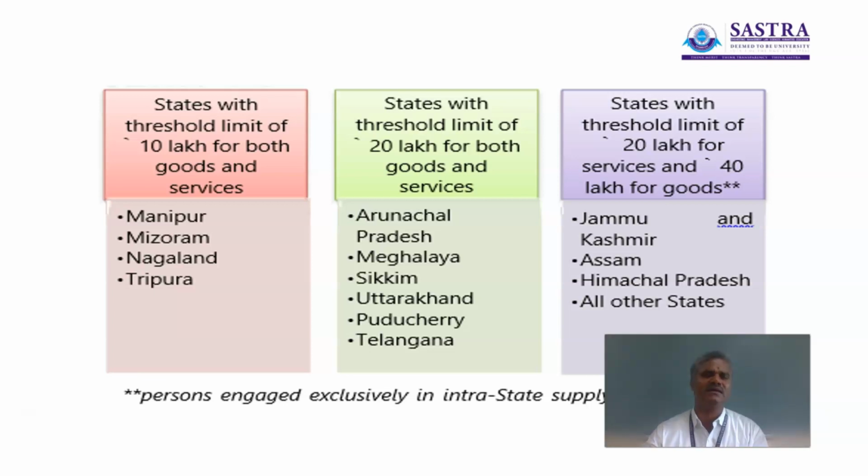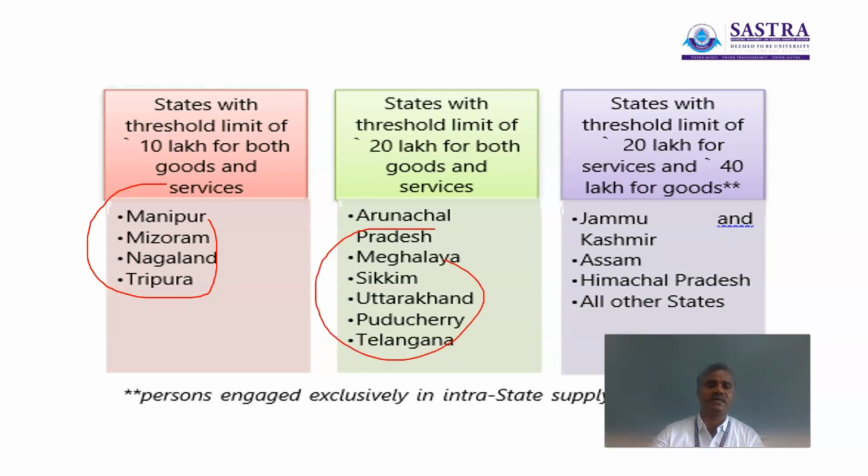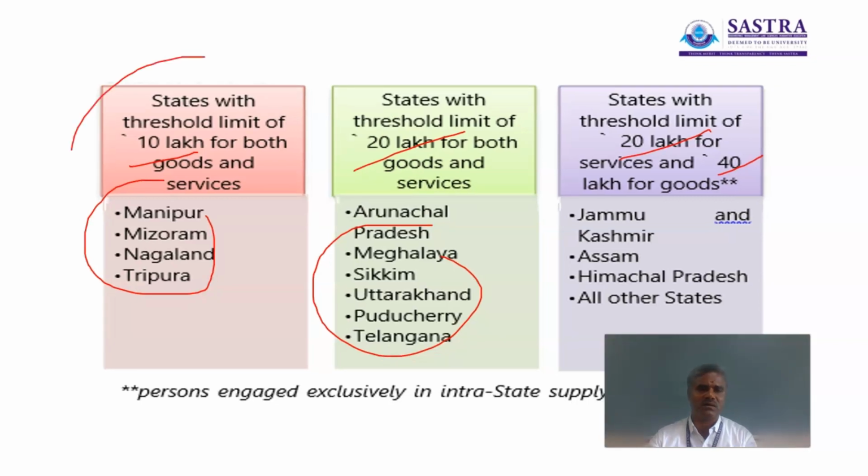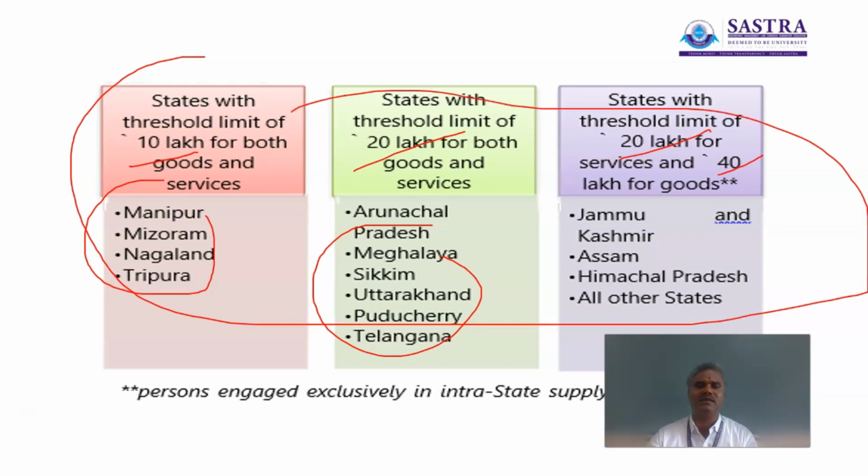We'll discuss later, because the Northeast is one group and other states are another group. The threshold is 10 lakh, 20 lakh and 40 lakh, for both goods and services. We'll discuss all of it elaborately in the registration part, in unit 2. Okay.